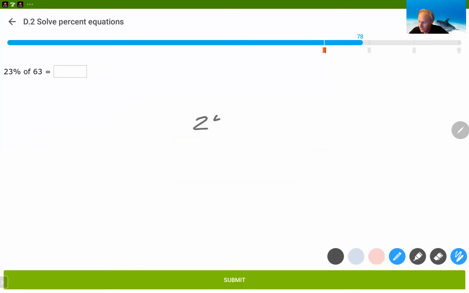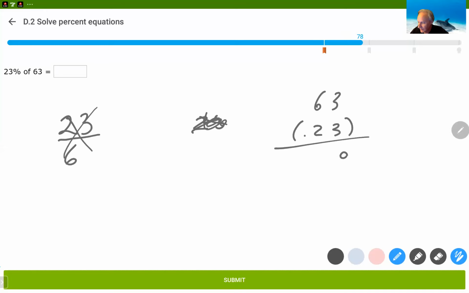23%. Sorry. Dang it. I'm just going to rewrite it. 23% of 63. Oops. Dang, I'm really messing it up. 63, we're taking of, so it's multiplied, times 0.23. And we can do the multiplication. That's 9, 18, 0, 6, 12, 14, 49, and 2 decimal places. 14.49.